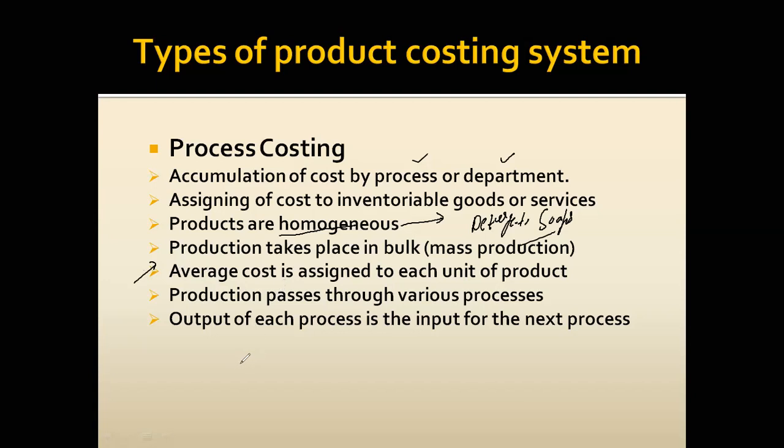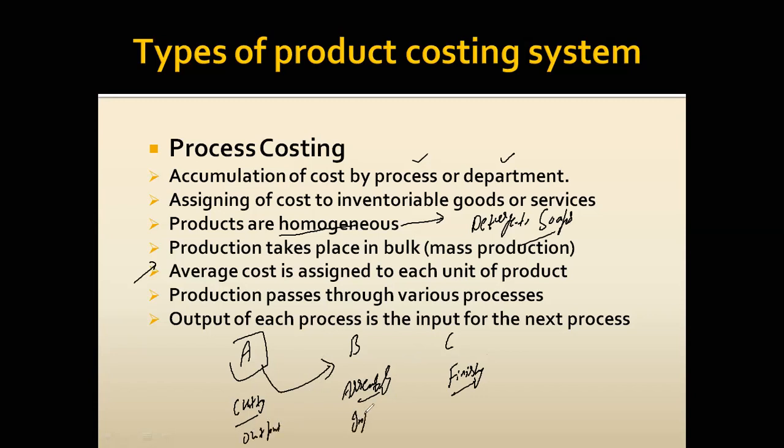Like we have department A, department B, and department C. Say department A is responsible only for cutting the material, department B is responsible for assembly, and department C is responsible for finishing and painting the final product. So once department A finishes its work, it will transfer to department B. You can say that the output of department A becomes the input of department B. Like that it is moving.